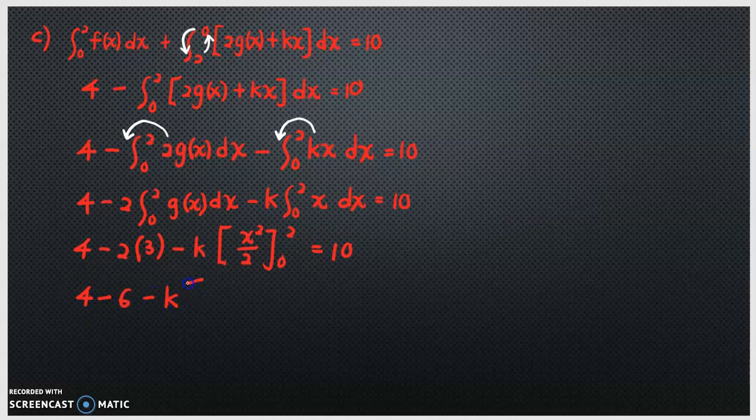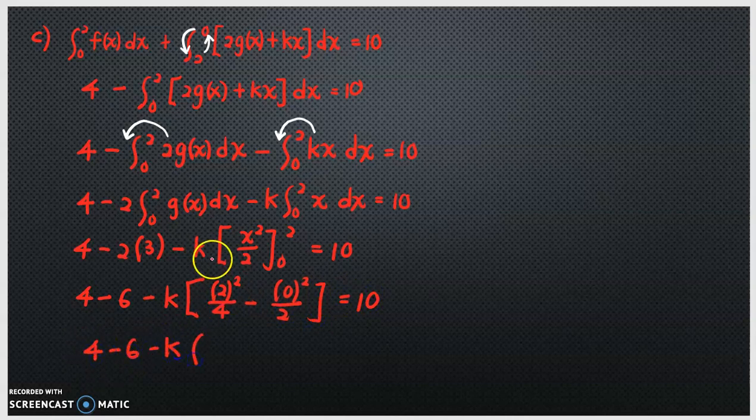Next, I will substitute the value. Substitute 2 squared over 2 minus 0 squared over 2. And here is equals to 10. So 4 minus 6 minus k. So from here, 2 squared is 4. 4 over 2 is 2 minus 0.